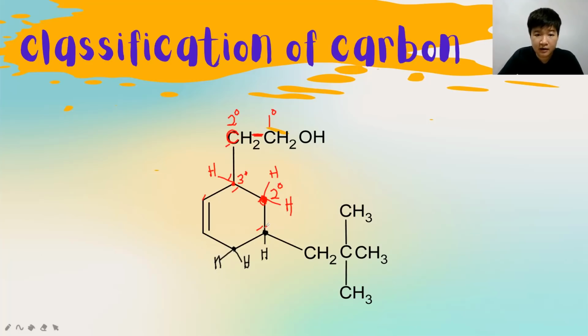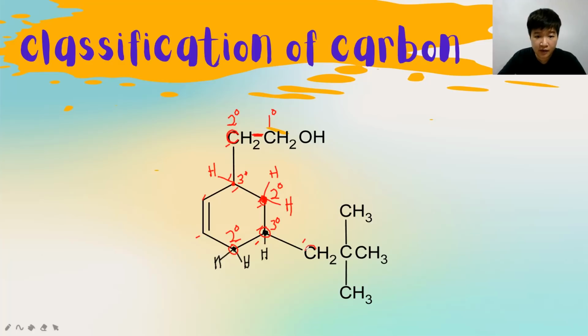So what would be the class of this carbon? This carbon will be tertiary because it's bonded to 3 carbon. 1, 2, 3. Next over here is a secondary carbon because it's bonded to 2 carbon. Alright, makes sense over here? Next, we are moving on.